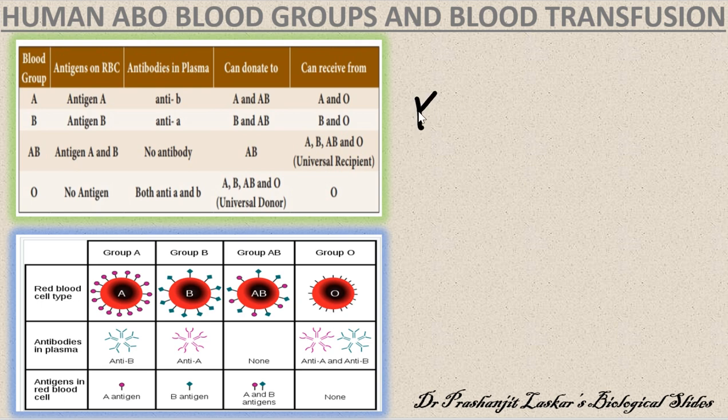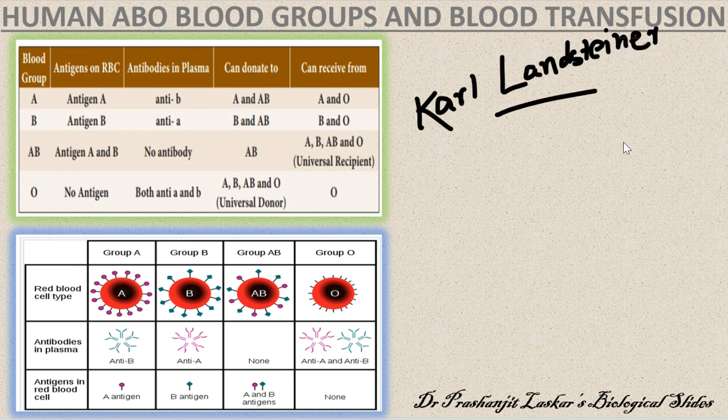Carl Landsteiner in the year 1900 discovered that human beings have glycoproteins called antigens, also known as agglutinogens, on the surface of the RBC.